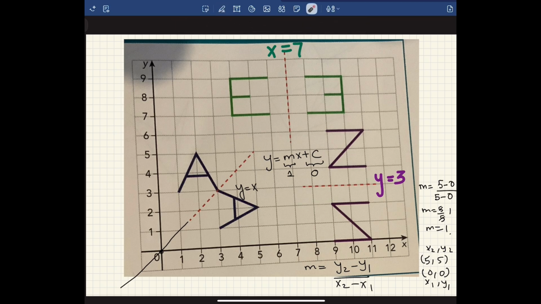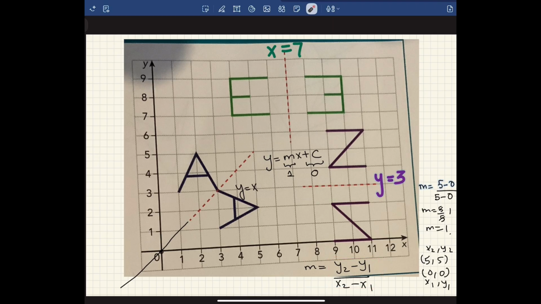In case of vertical lines, your equation is going to be x equals a constant. The constant is the x-intercept of the line. Horizontal lines will be in the form y equals a constant. The constant will be the y-intercept. And in case of slanting or sloping lines, you find the y-intercept by extending the line and seeing where it intersects the y-axis, and then finding the gradient using the formula y2 minus y1 divided by x2 minus x1.